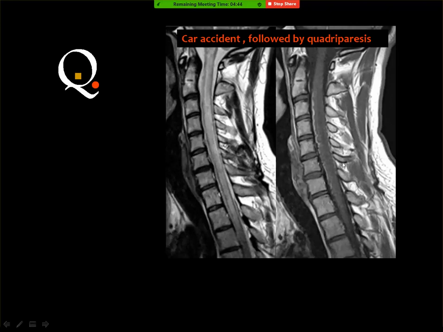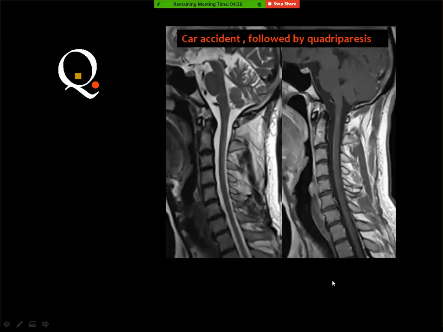Then if you inject the contrast material and see some enhancing vessels along the surface of the cord, then this means that there is a fistula between the vein and the artery, which is known as the dural arteriovenous fistula. This is the follow-up of the patient after closure of the fistula.